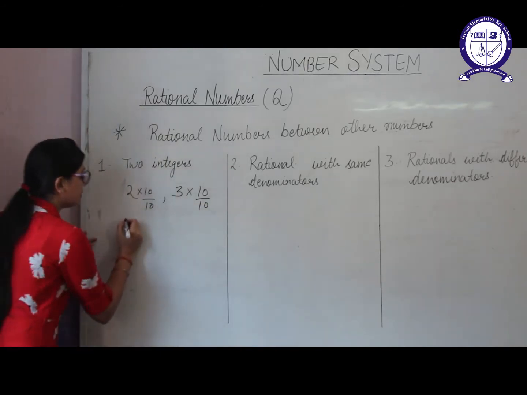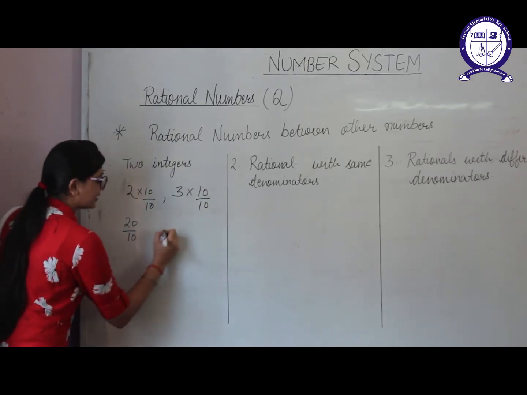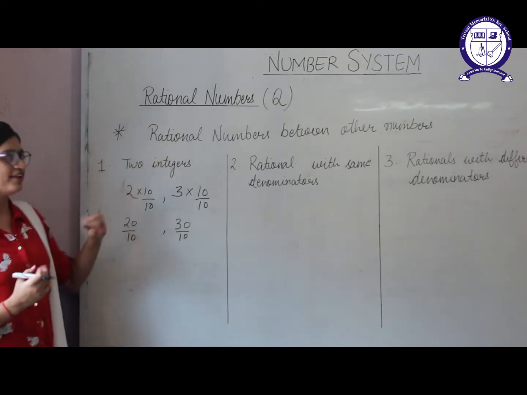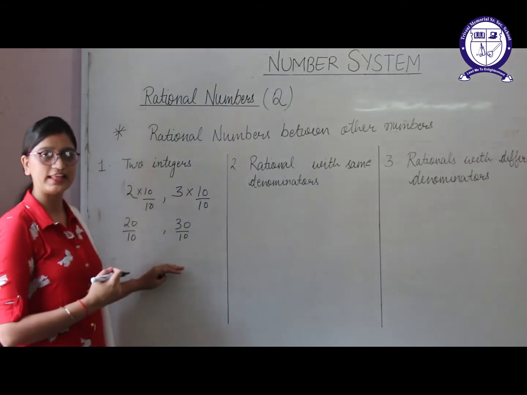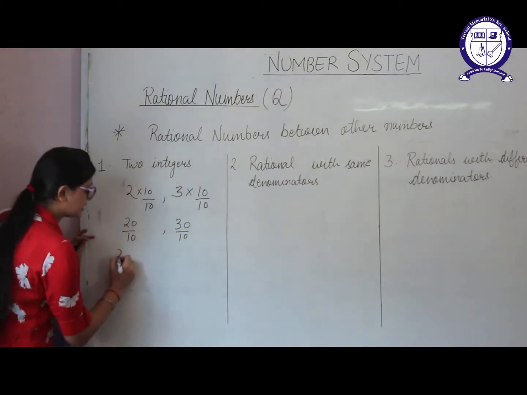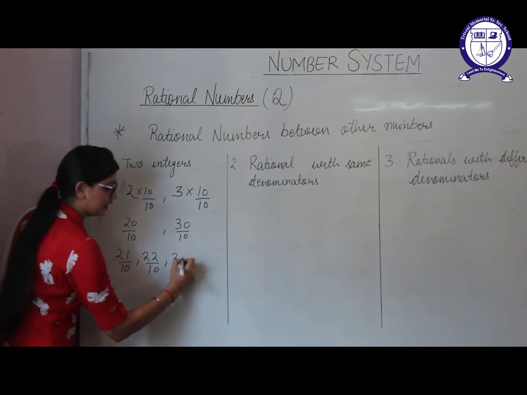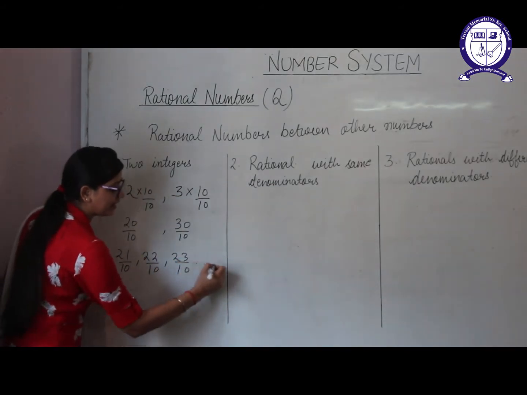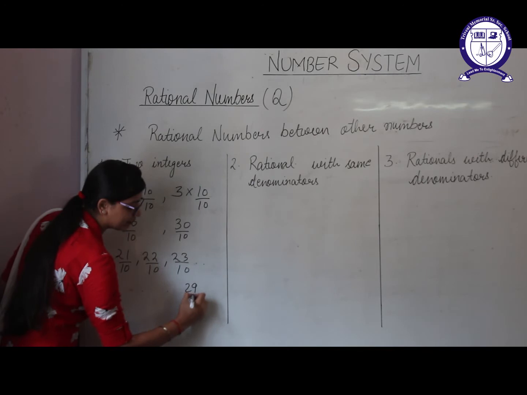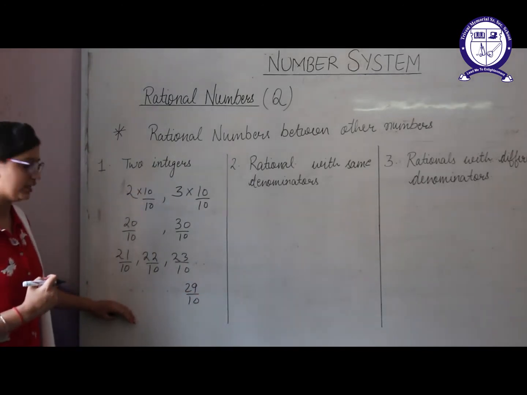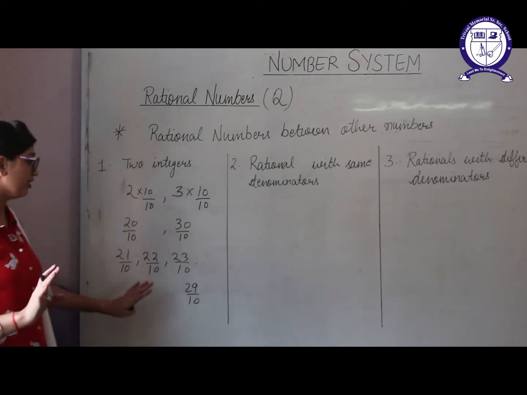So this number will become 20 by 10 and it will be 30 by 10. So can I find five rational numbers between them? Obviously, what are these? 21 by 10, 22 by 10, 23 by 10, and I can write it till 29 by 10. So basically I have 9 rational numbers between them, and you have to write only 5.